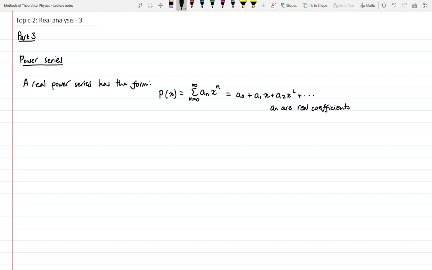Now, typically we want to use power series as an approximation for something like a function. If we want to use power series to approximate a function, in this case a real function, it's important that the series converges.